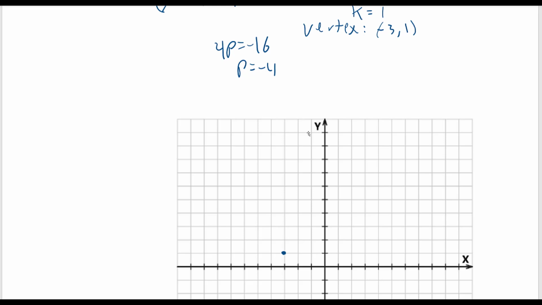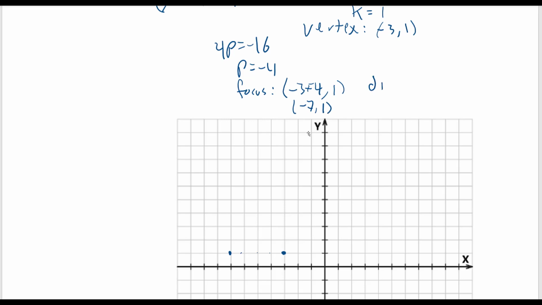Negative 4 is p, so that means our focus is going to be 1, 2, 3, 4 over here. So our focus is going to be negative 3 minus 4, or plus negative 4, comma 1. That's going to be at (negative 7, 1).